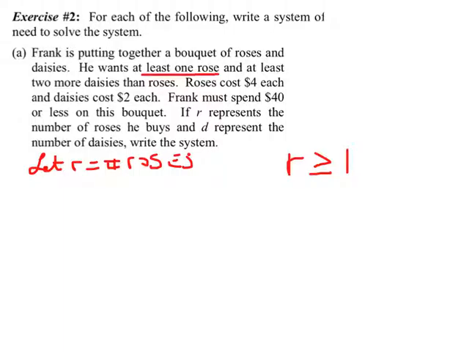Then it says you need at least 2 more daisies than roses. So on my daisies, if I'm going to deal with that, I'll let D equal the number of daisies.